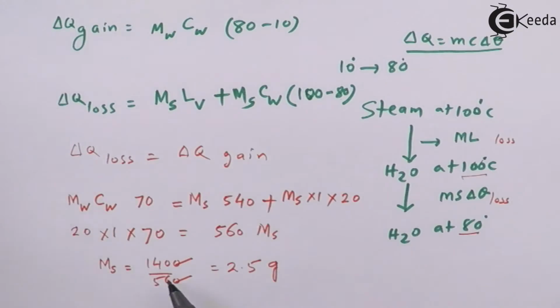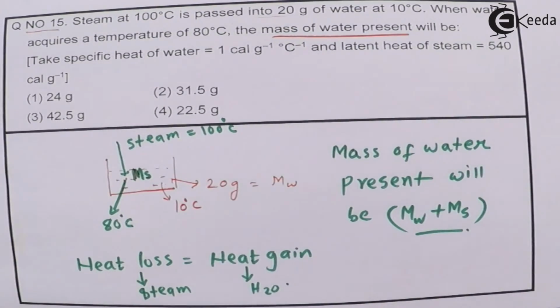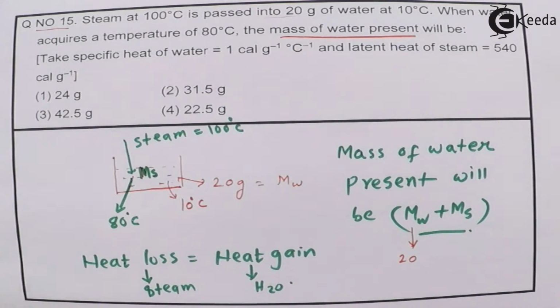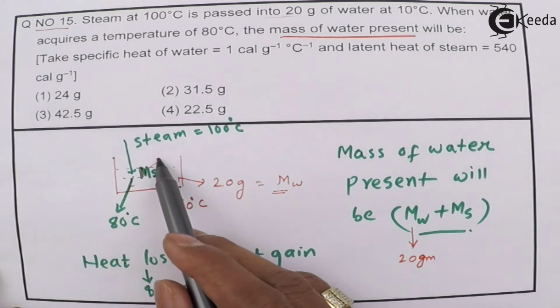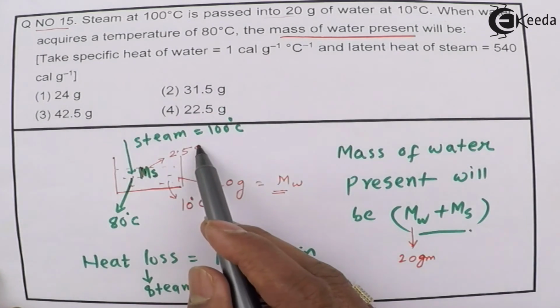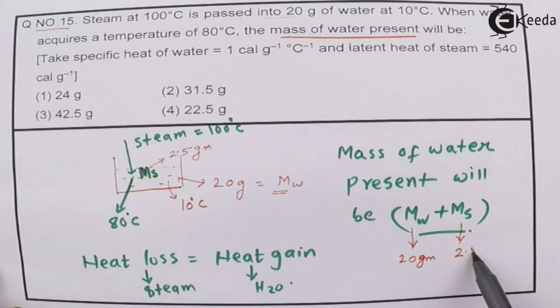The water earlier was 20 gram, so I'll just combine them. Now ms comes out to be 2.5 gram, which is converted to water.